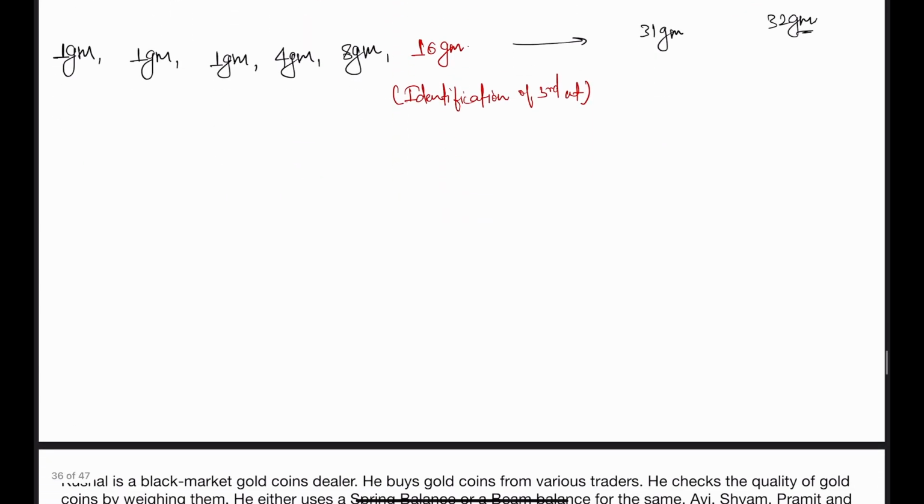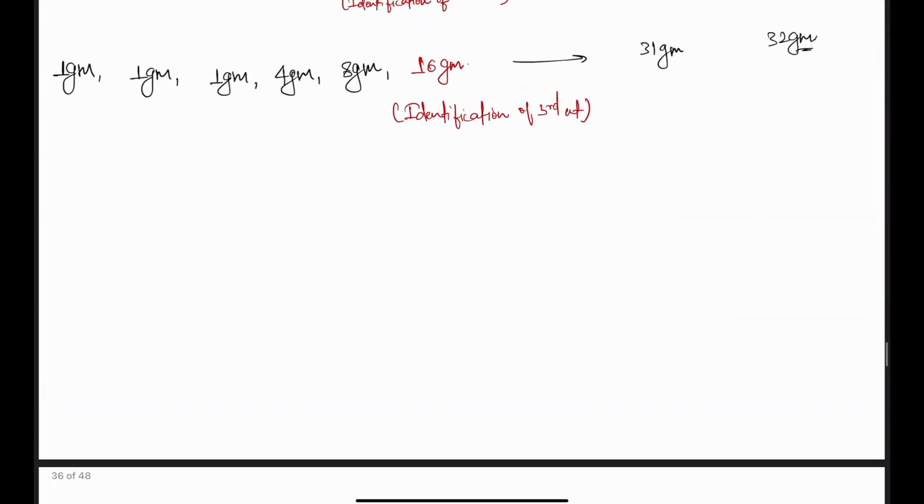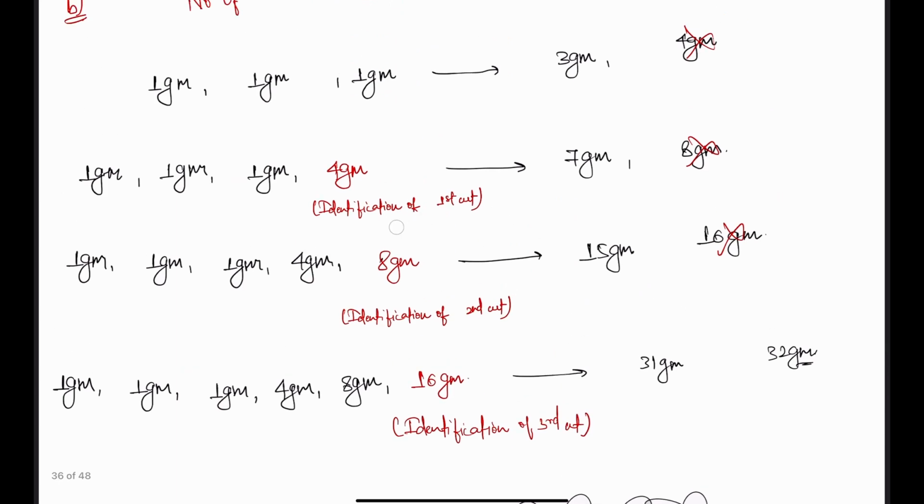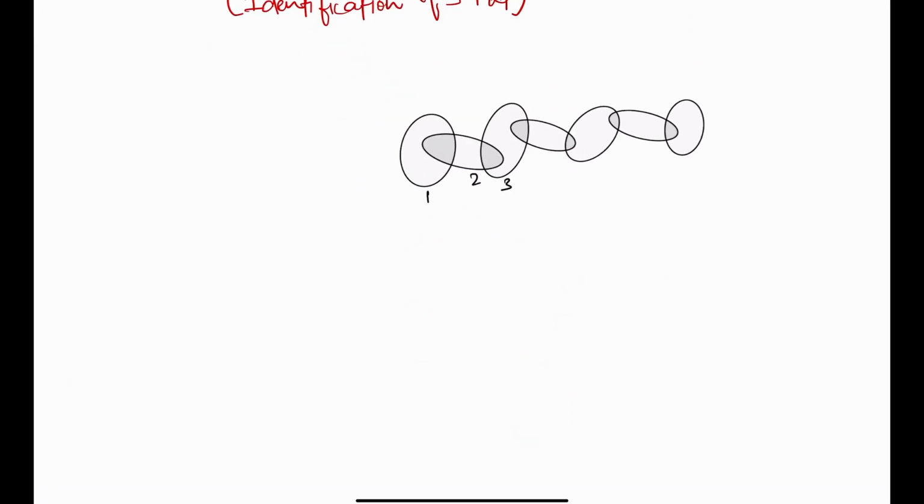So if you check nicely, let me just add one page. When there is a chain, if we made the first cut at the 4th gram, so 1, 2, 3, 4th, the first cut is made at this point, and this 4 gram is on the left side.